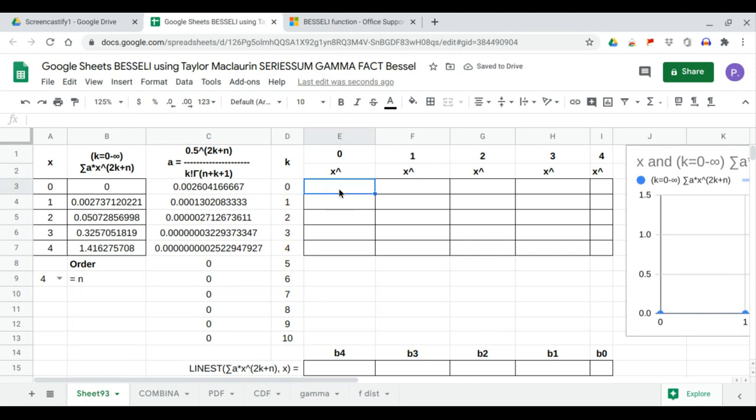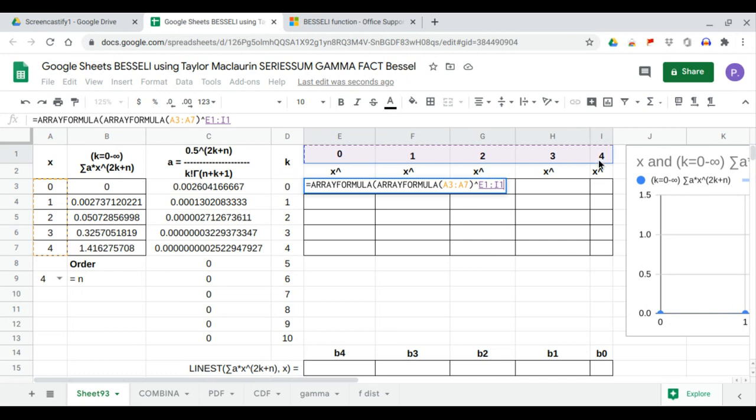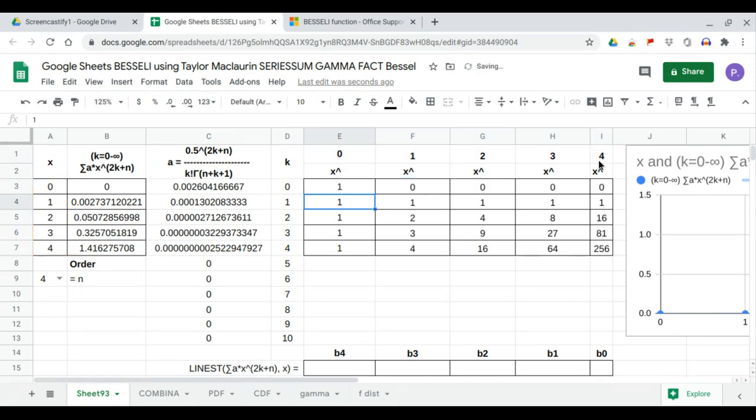And enter the 1, x matrix, an array formula of the x values raised to the power 0 to 4. Now that we have the 1, x matrix, we can enter the LINEST. So we have our data y and our data x.